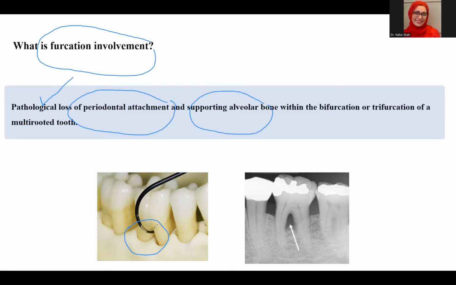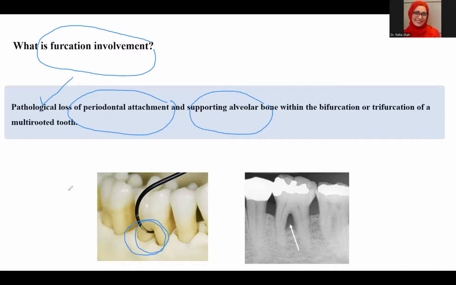It means the pathological attachment loss that occurs in the furcation, bifurcation, or trifurcation region. Tri means where three different roots, three root separations are there, like tooth number 1/6 or 2/6 or 2/7 or 1/7, like maxillary molars.